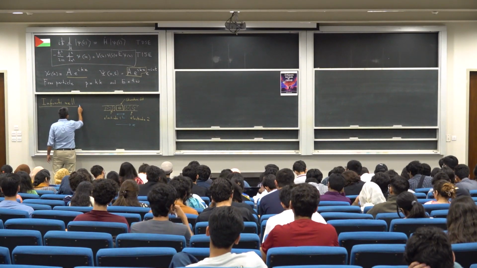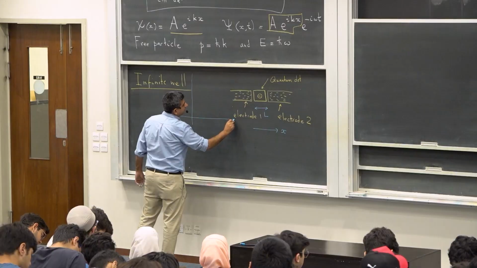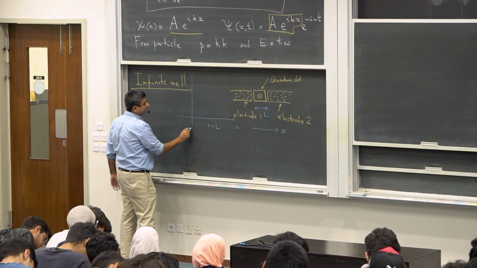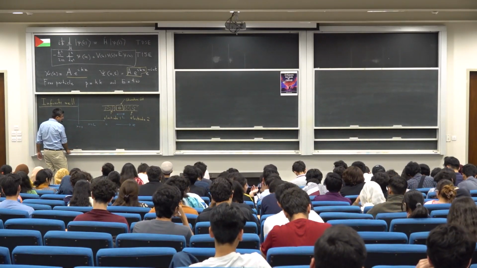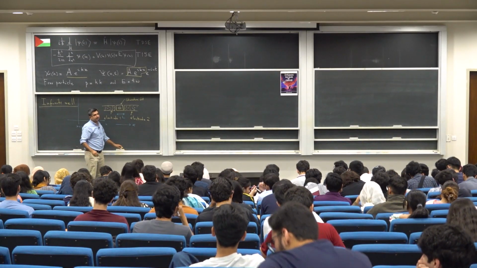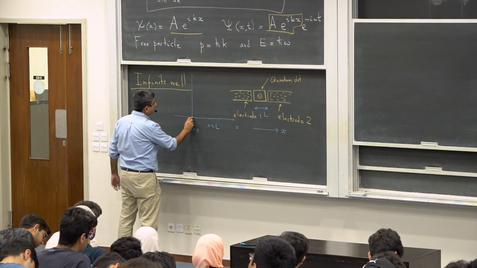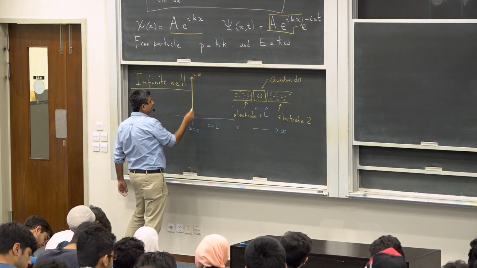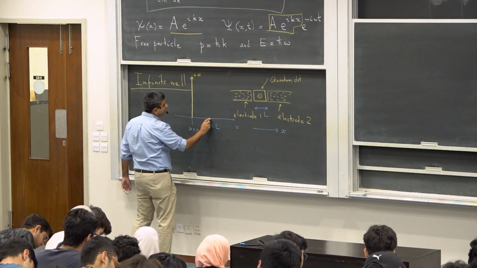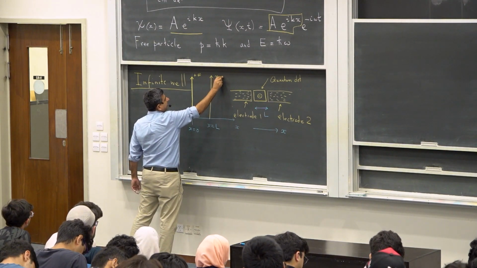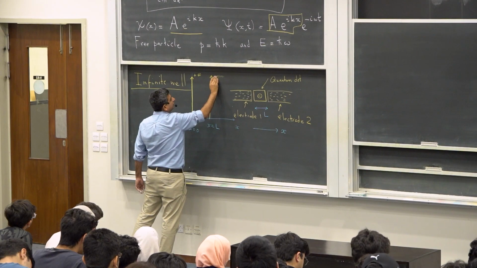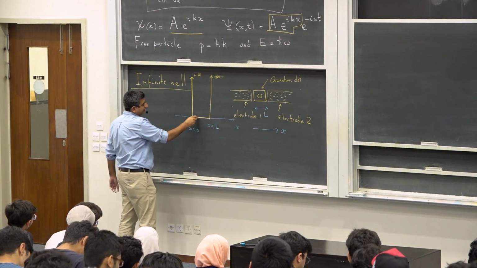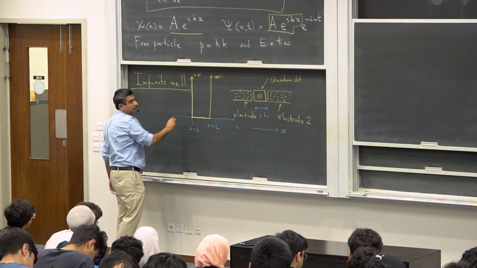So this is my x-axis, this is x equals L, this is x equals 0, and my potential energy diagram looks like the following. The potential energy is extremely high at x equals 0, and it's extremely high at x equals L, so it goes to infinity at x equals 0 and x equals L, and in between the potential energy, suppose it's 0.